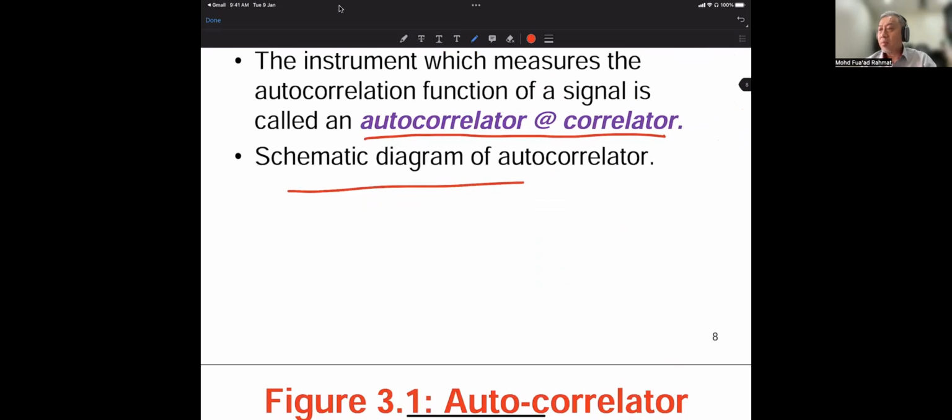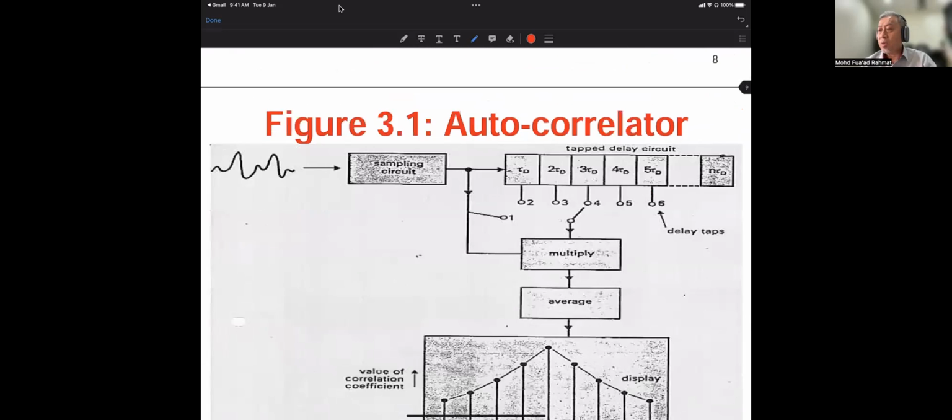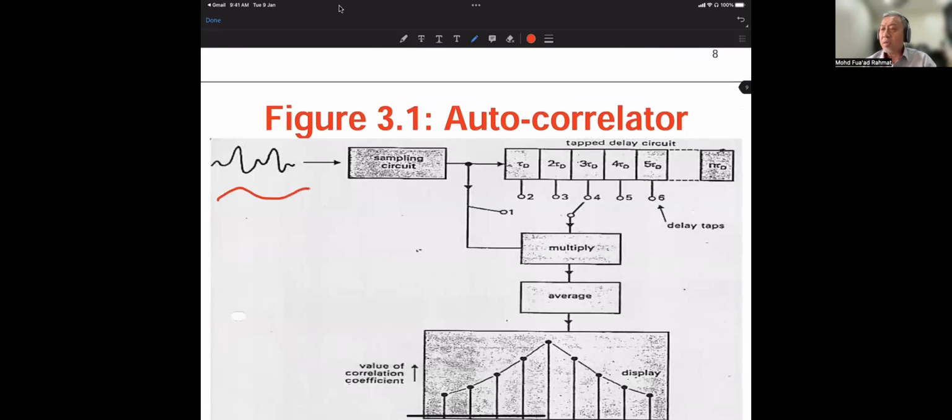The schematic diagram of the autocorrelator is shown here, where this is the random signal, and we have a sampling circuit. This sampling circuit goes to the shift register: first time delay, second time delay, third, fourth, and so on. And we have a switch over here.